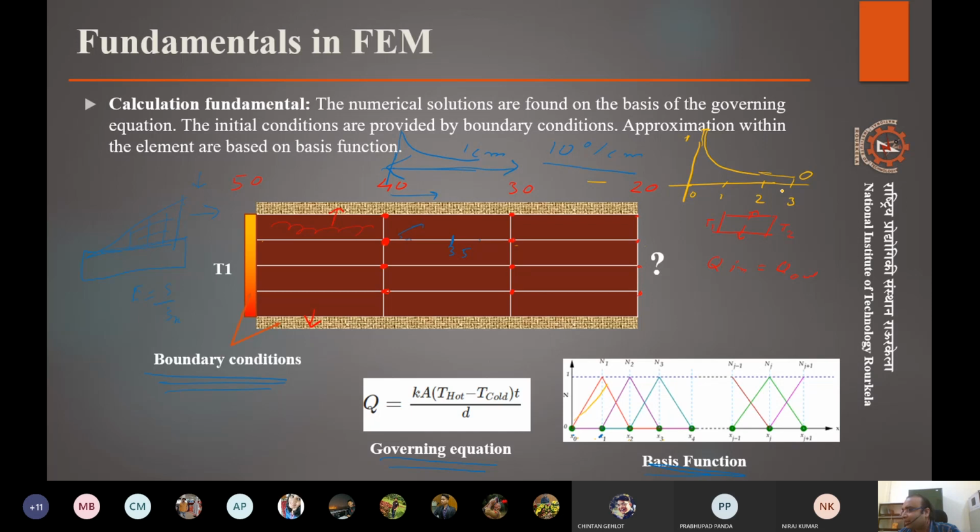In that case, the value at the first node will be quite different from what it would have been if it were linear, right? So what the value will be in between, at the non-node points, the elements basically, here, here, here and so on, will be decided based on these basis functions. So that's the whole concept behind basis functions.